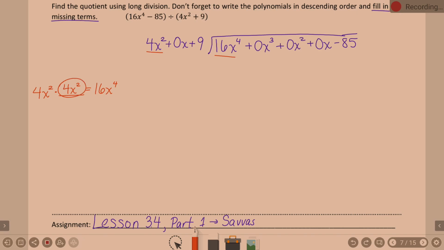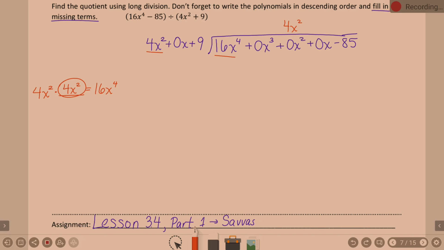Where do you think I'm going to put that 4x squared? Notice I put it above its like term, or how many terms am I dividing by? 3. How many terms are we counting over? 3. Yes?